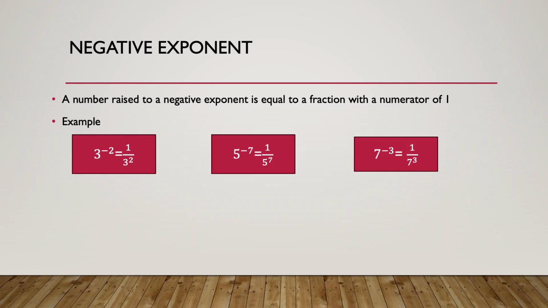In the fraction, in the upper part we write 1, and under this fraction line we write the 3 with this minus 2 exponent as a positive. We just flip this number.